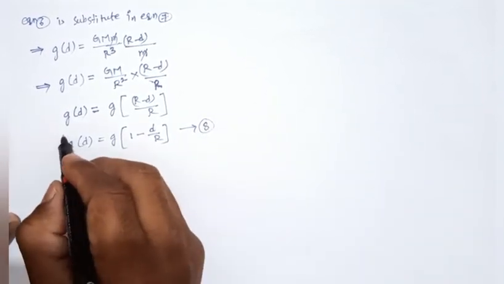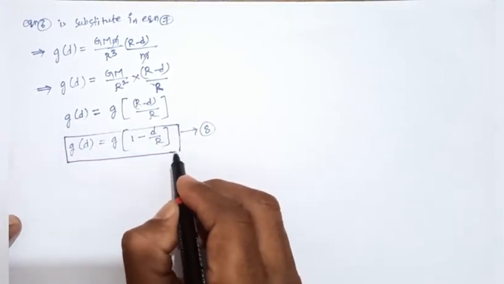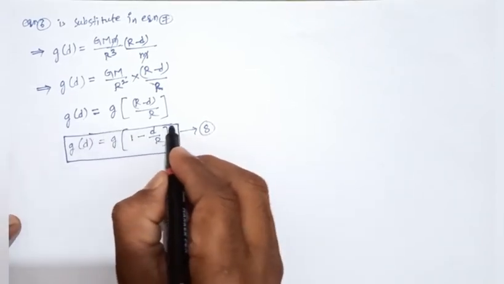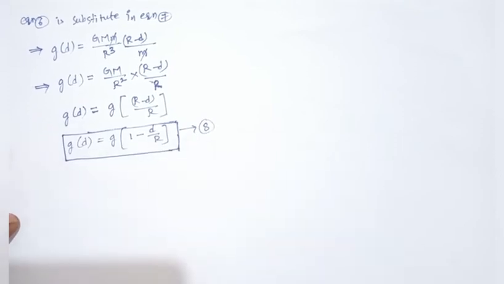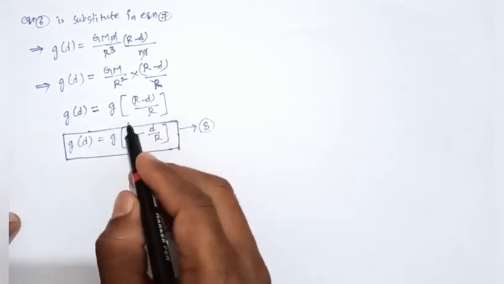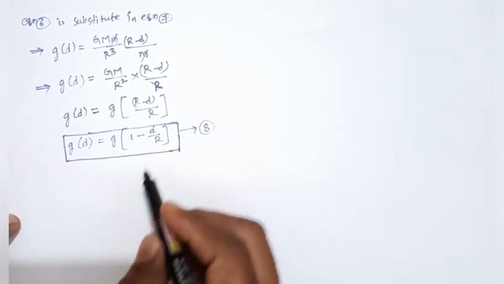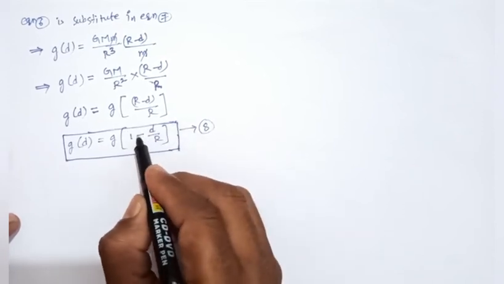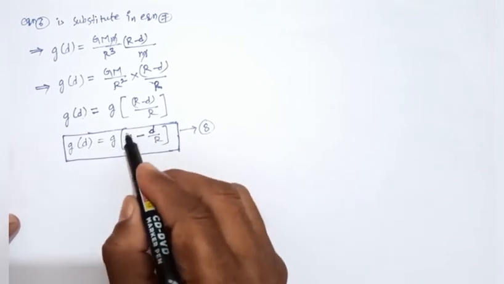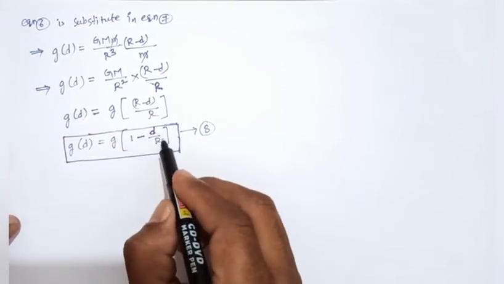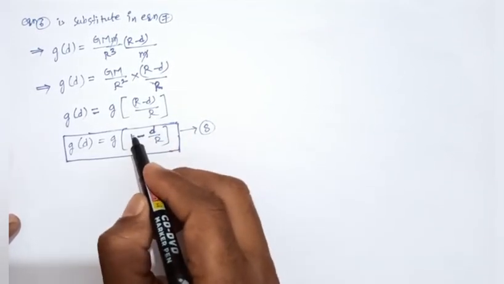So this is the expression for acceleration due to gravity at depth d below the earth surface: g of d equals g into (1 minus d by R). When we go below the earth surface, as d increases, the depth increases, and the term 1 minus d by R decreases.